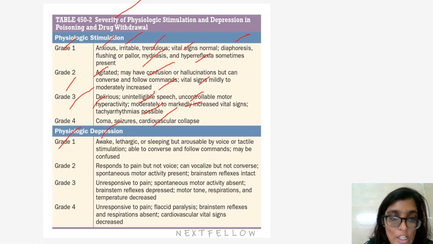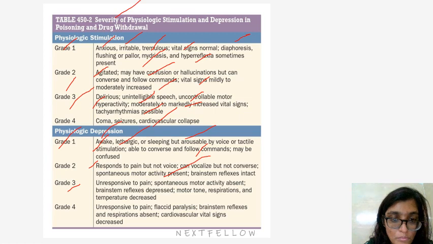Physiologic depression: grade 1. The patient is awake, lethargic, sleeping but arousable by voice or tactile stimulation, able to converse and follow commands, may be confused. Grade 2 is response to pain but not voice, can vocalize but not converse, spontaneous motor activity present, brainstem reflexes intact.